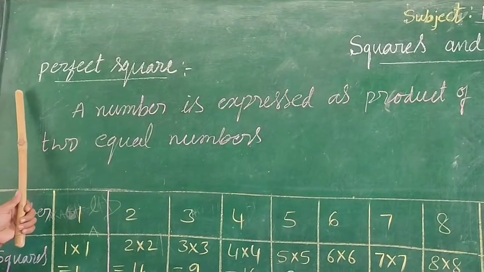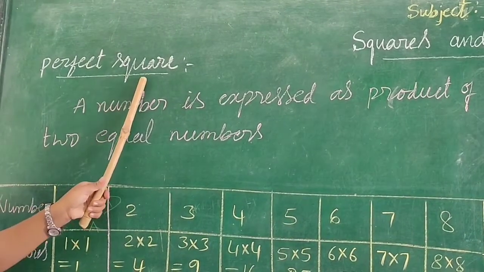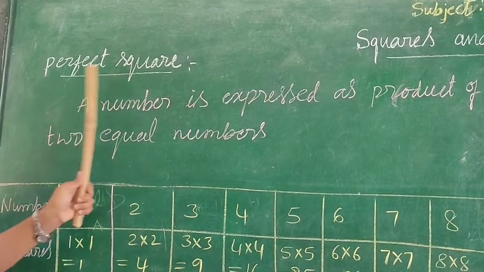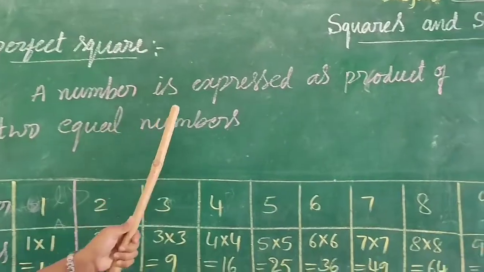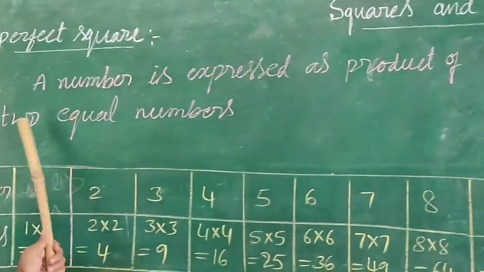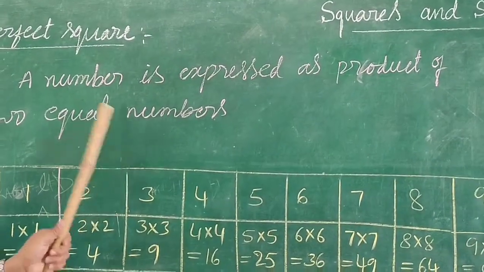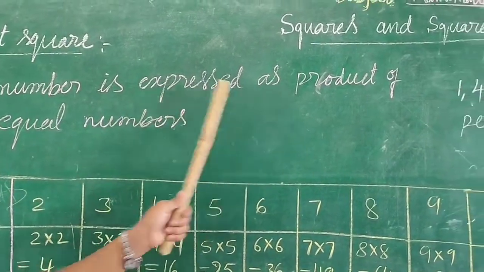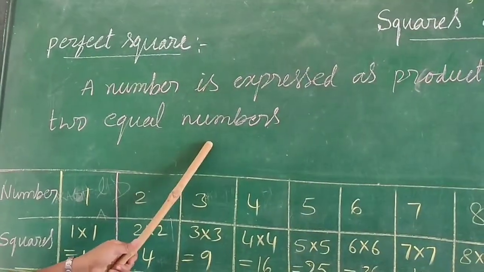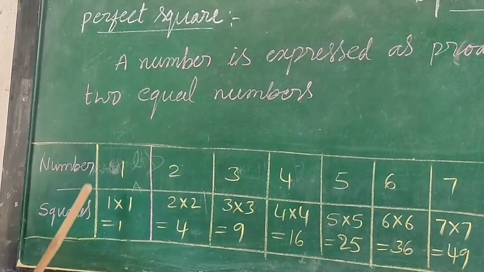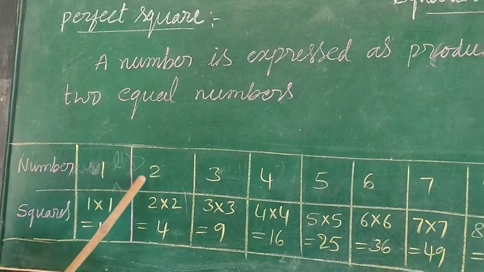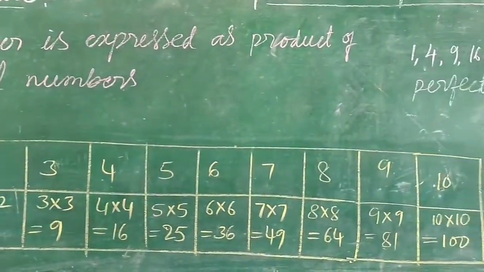Now let's start. What is meant by perfect square? Perfect square means a number is expressed as a product of two equal numbers. Look at this table. Here the numbers 1, 2, 3, 4, etc. up to 10.